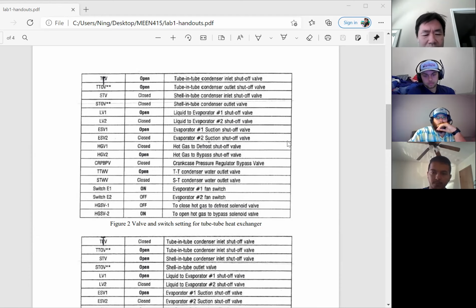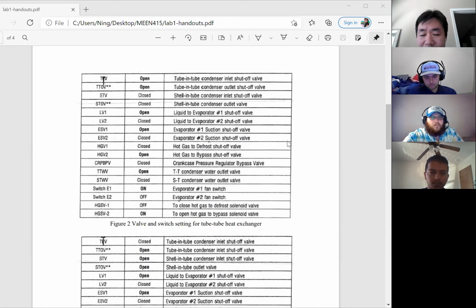They have a shell and tube heat exchanger, a tube and tube heat exchanger, and an air-cooled heat exchanger. When you actually do the experiment, we turn on one of them. When we actually do the lab, with 2 people per group when you operate it, one group does the shell and tube heat exchanger, the other group does the tube and tube.